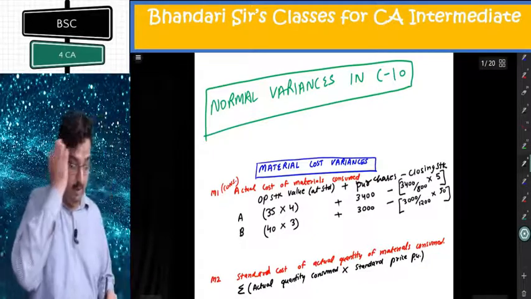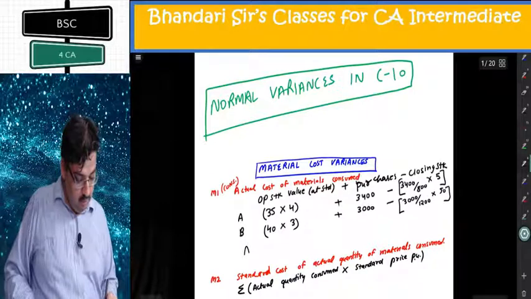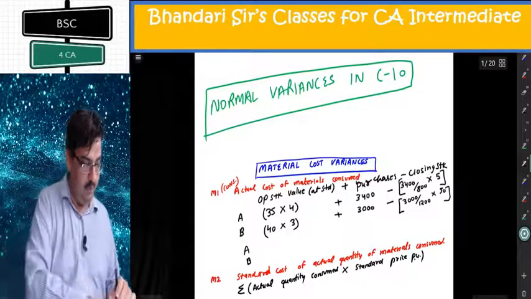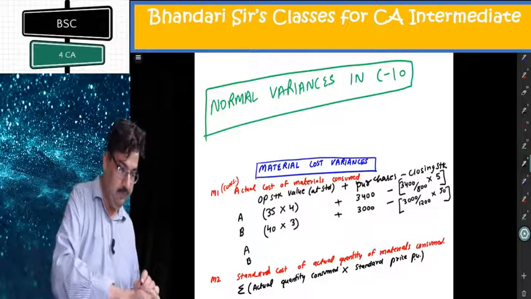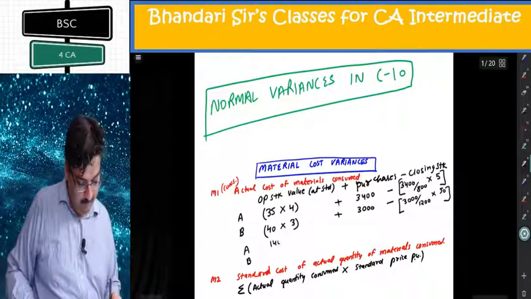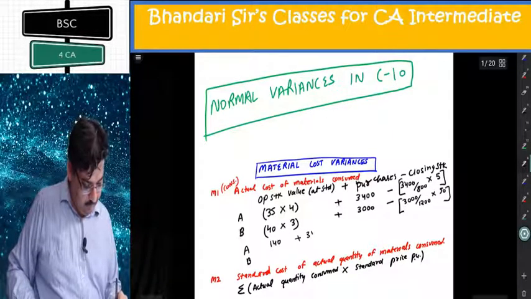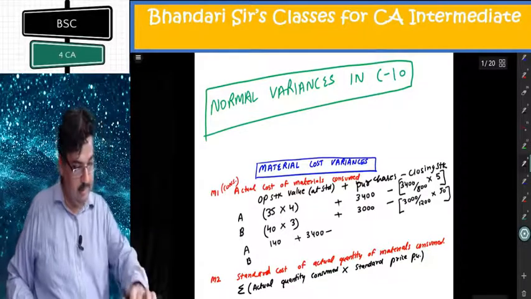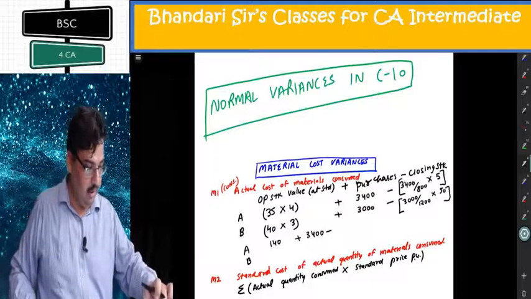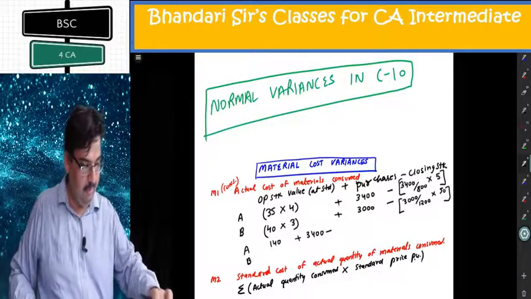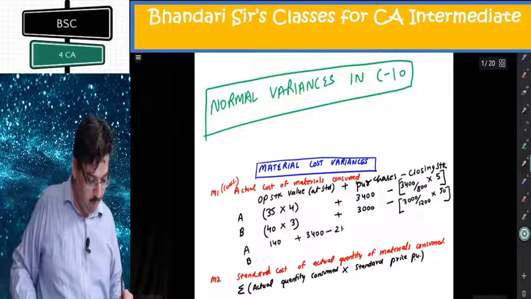We need to compute them. So for A, I am getting 35 into 4, 140, plus 3400 minus 3400 divided by 800. Per kg actual rate is 4.25 multiplied by 5, 21.25.